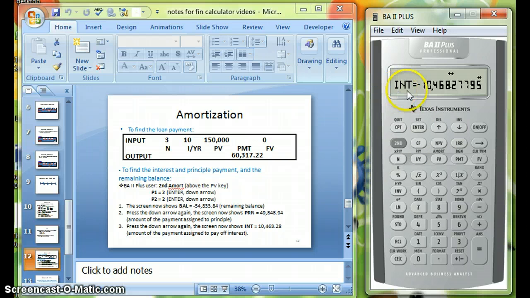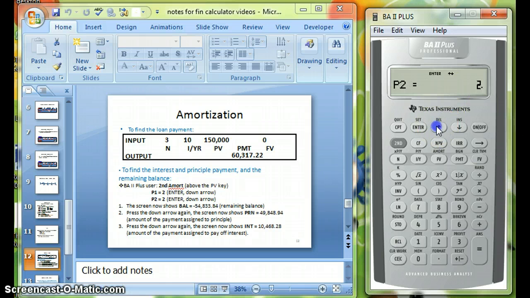We can also go down one more time. See the interest, 10,468. That means within the second payment, which is the payment made at the second year, $60,300, out of that you pay 10,468 as interest payment.